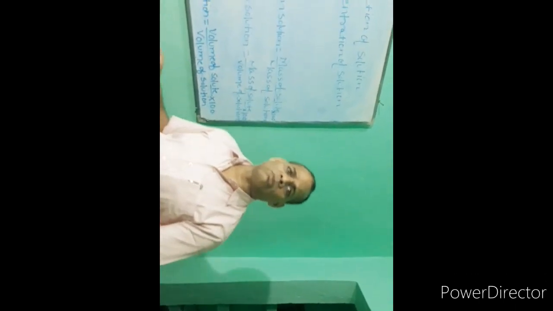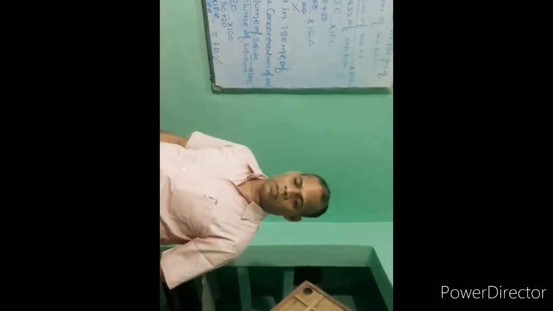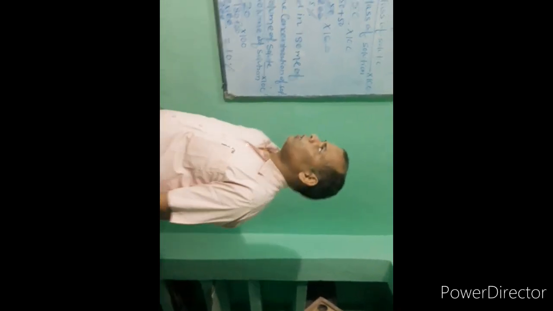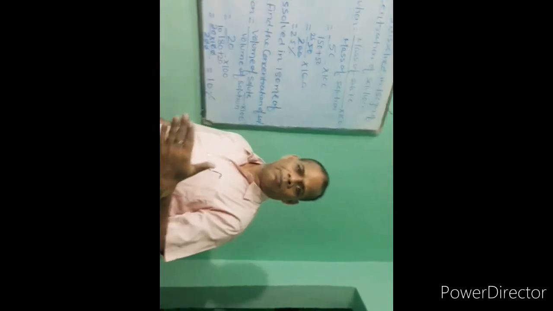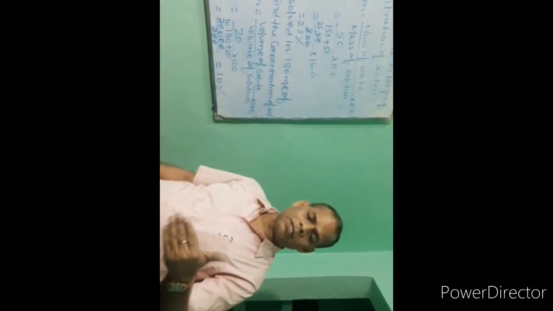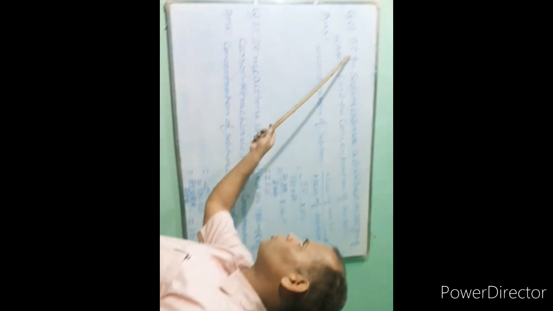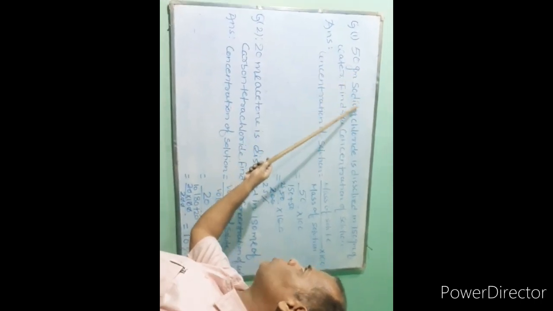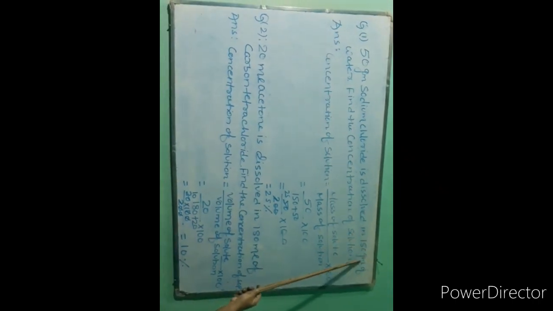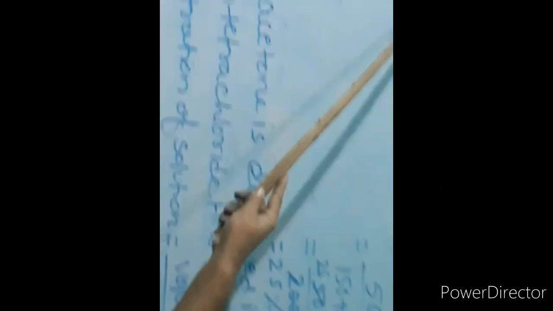Let us now apply this by taking some numericals. Let us find out the concentration of solution. The question is: 50 gram sodium chloride is dissolved in 150 gram of water.